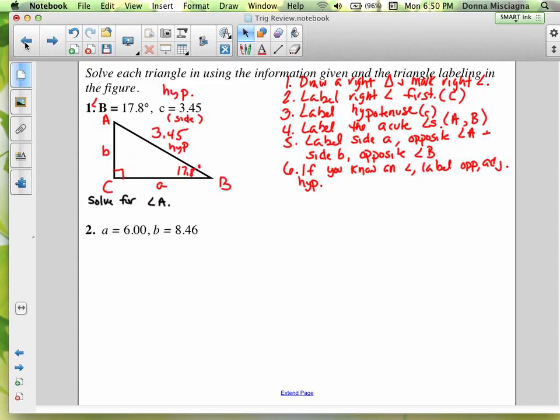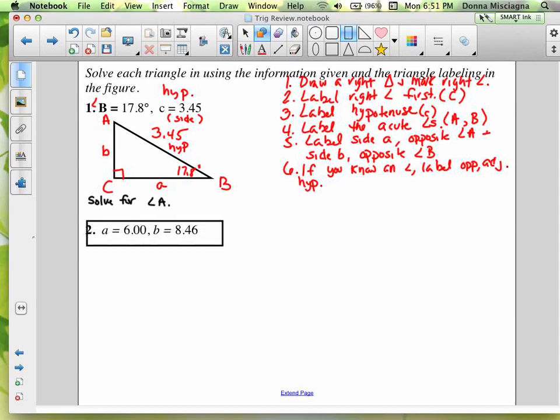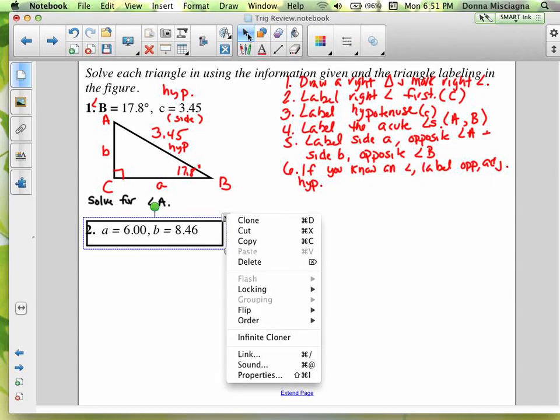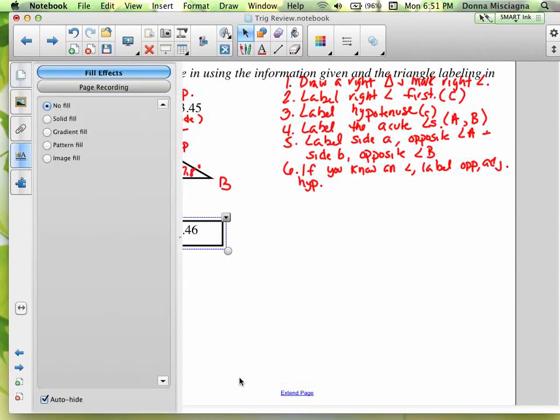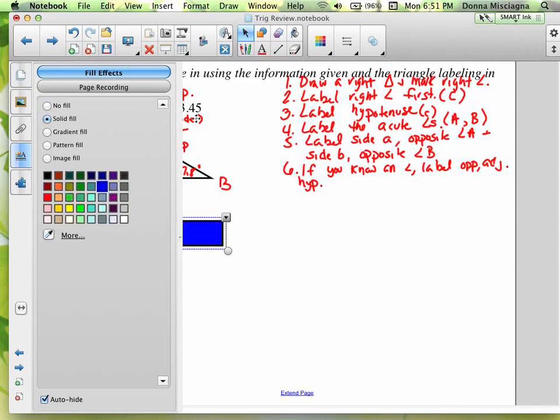I'm going to give us some more space. It's the magic of the smartboard. I'm going to go to properties, and we're just going to fill it up with whiteness. Oops, solid fill and white.